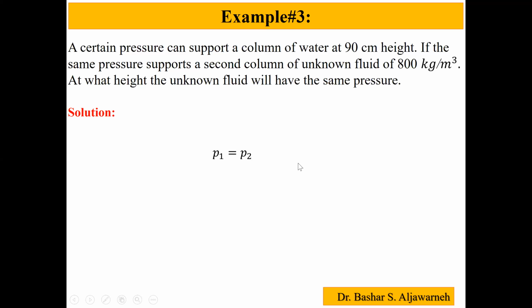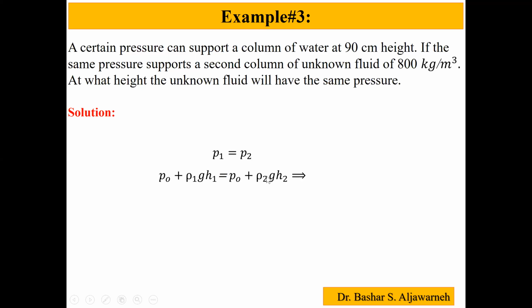And we know the pressure at a certain height, which is P naught plus rho GH. So we can say P naught plus rho GH1 equals P naught plus rho GH2. Now we are going to calculate the second height, where the pressure at the first column equals the pressure at the second column.